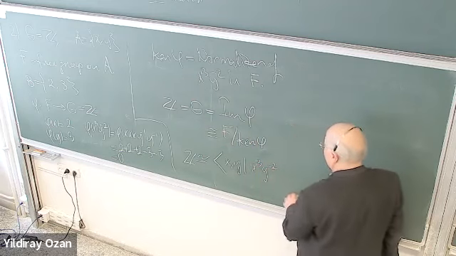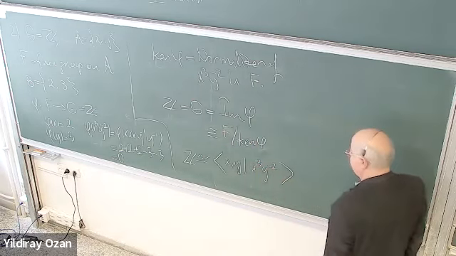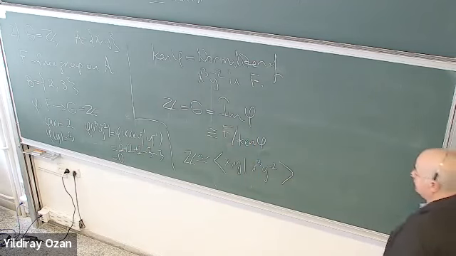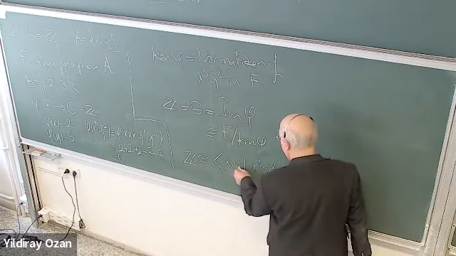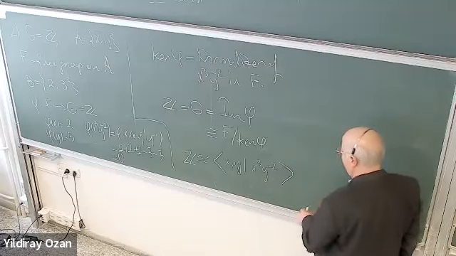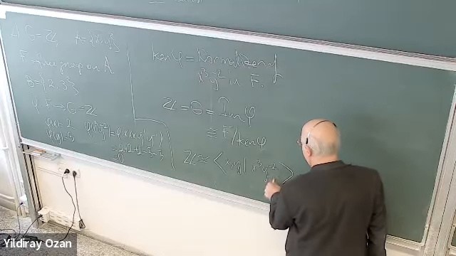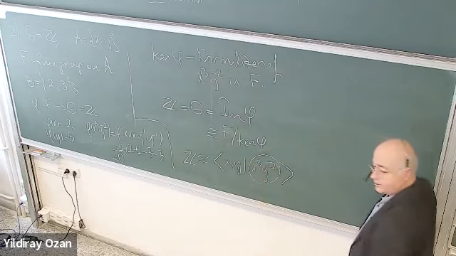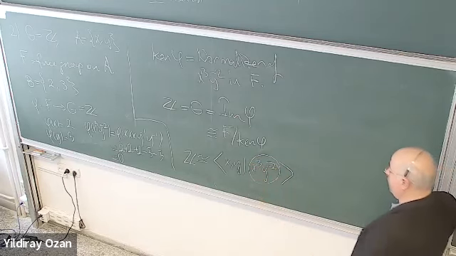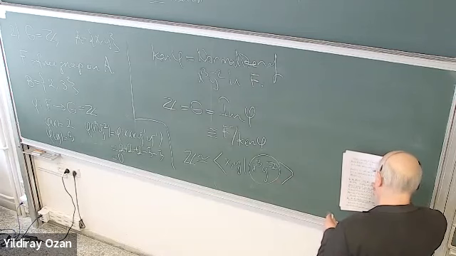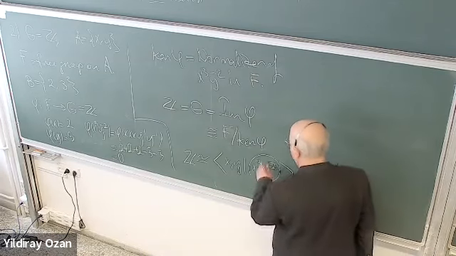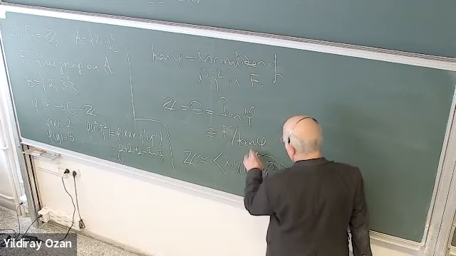So we will write this, meaning that this is the free group generated by x and y, divided by the normal closure of this element. That will be the notation.